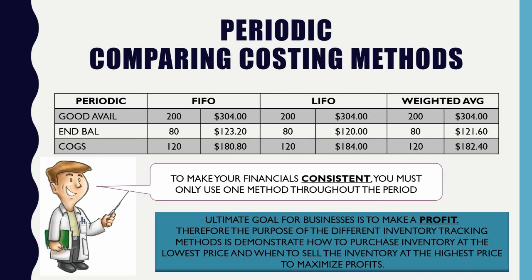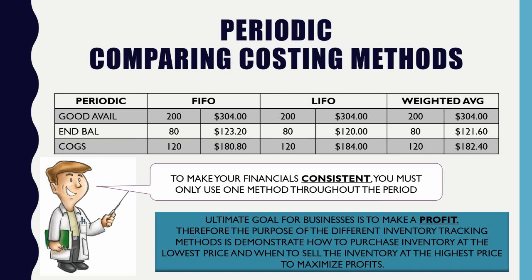You cannot try FIFO first, then LIFO next, and then weighted average the next month, because that will skew your numbers in the wrong direction. So as you can see, comparing and contrasting, we have the same exact scenarios, but they resulted in different outcomes.